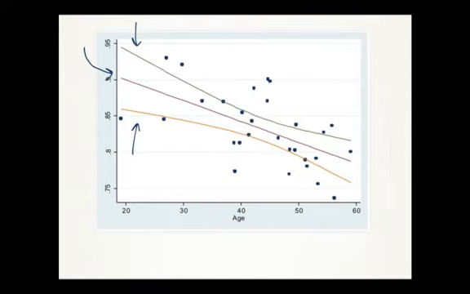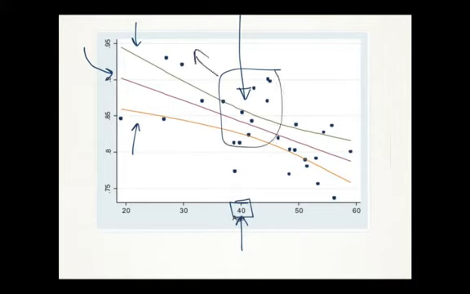And just like we mentioned, the confidence interval is tightest in the middle, right around age 40, because we're most sure about this area. We have plenty of data here, we have data to the left, we have data to the right, and so we're most sure about this stuff in the middle, okay? Which is why these lines kind of curve inward, okay? So that's our confidence interval, okay?